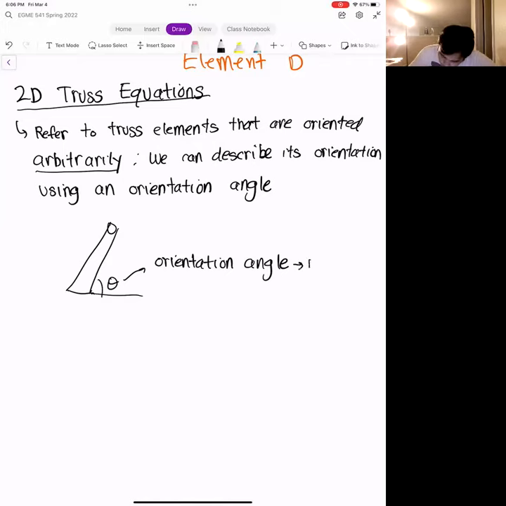And remember the convention that we had before: we drew an arrow from the lower numbered node on the element to the higher numbered node.